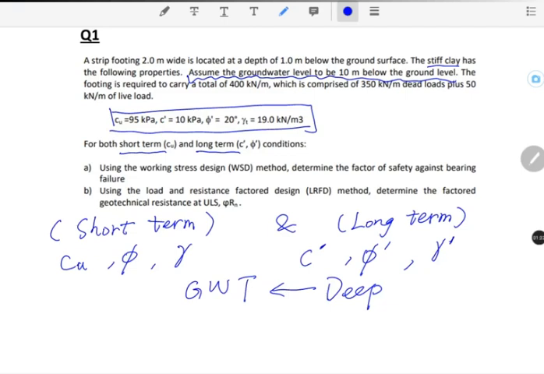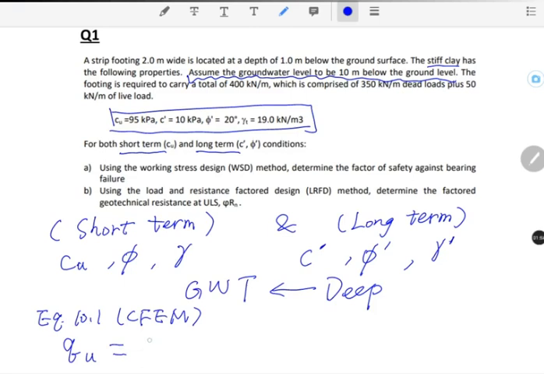With these decisions, we can proceed to equation 10.1 from CFEM to start the calculation of the ultimate bearing capacity QU.